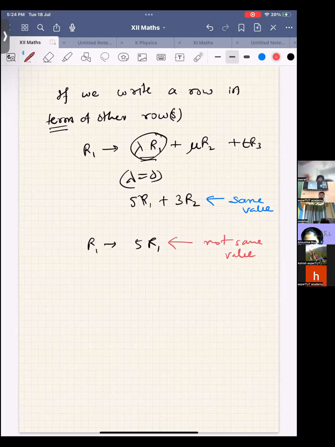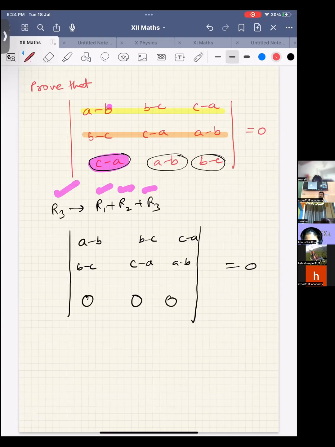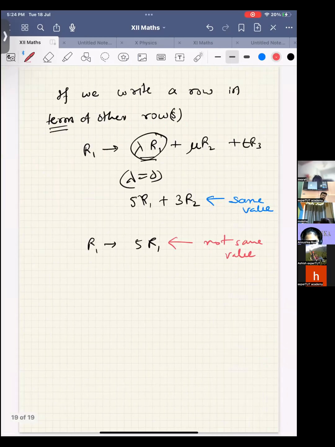So if you're doing a combination of other rows, row 1 plus row 2 plus row 3, then the value is same. So in this previous case we did a combination, so the value is same. Fine. Okay, next question.